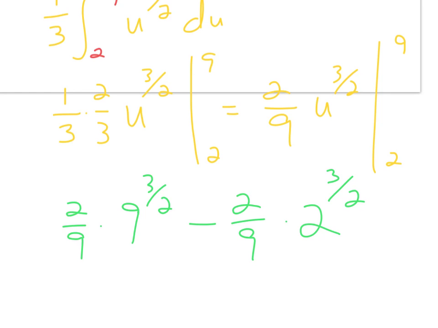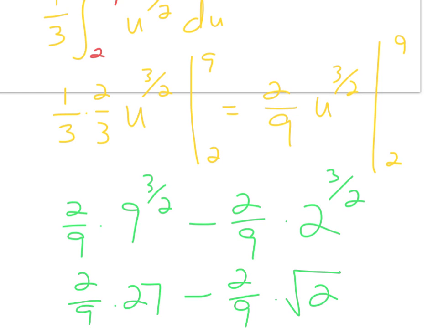The first calculation is going to be much easier because 3/2 power, remember that means that we have a square root and a cubed. Well, the square root works, so the square root of 9 is 3. 3 cubed is 27. So this is going to turn into 2/9 times 27 minus 2/9 times, and then the square root of 2 cubed is going to be our result right there.